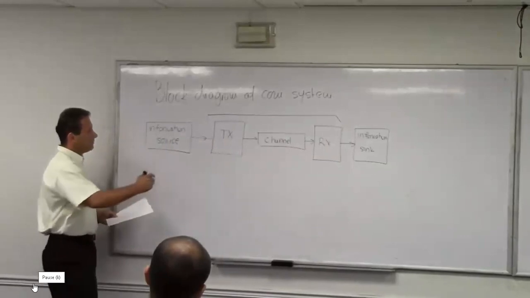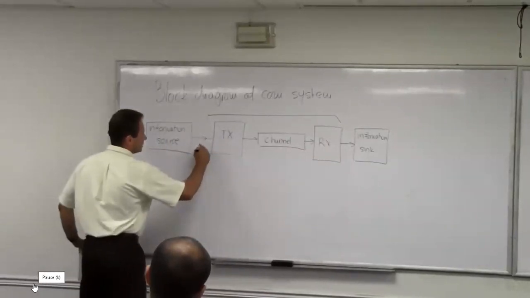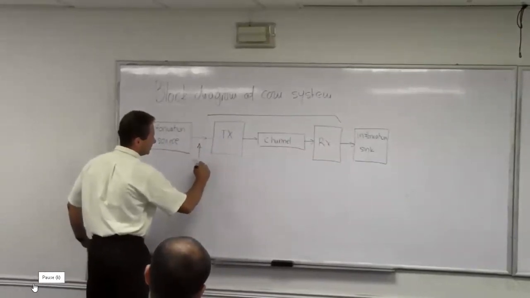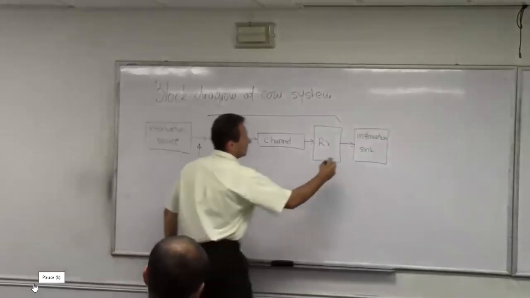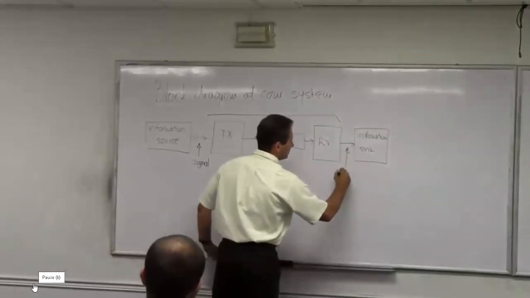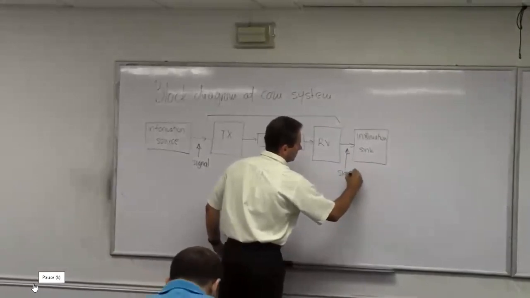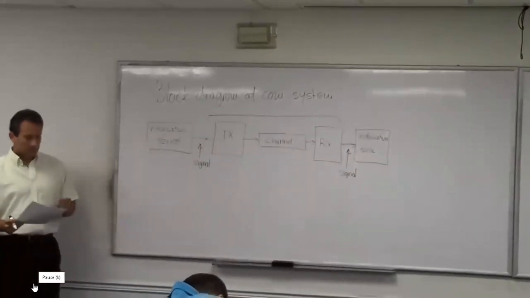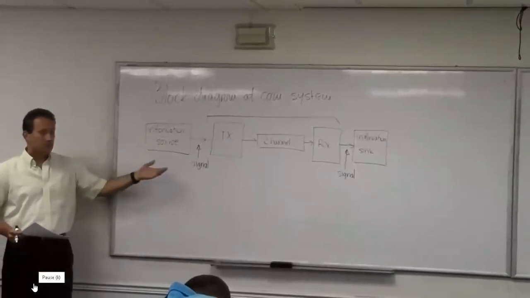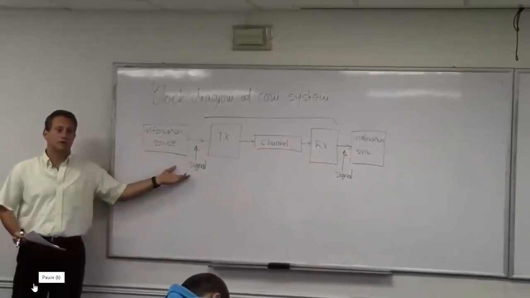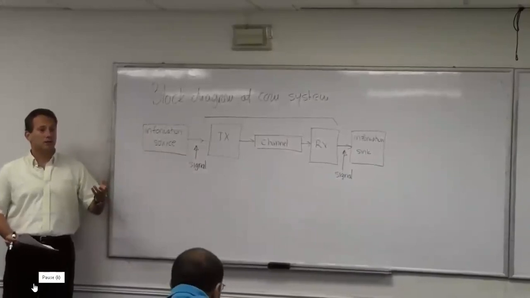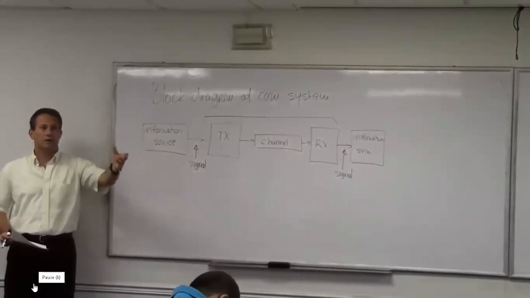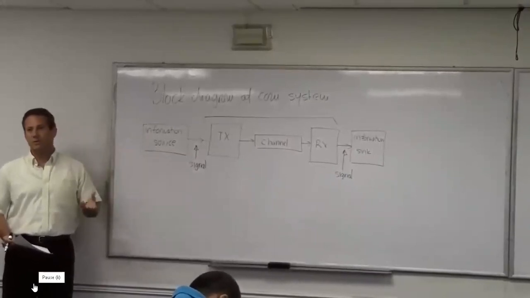So I'm going to say here, there's a signal at this point, and there's a signal at the output. Now, how are these signals generated? Well, signals are essentially in our world voltages and currents. The information itself, or what we're trying to send to the other end, does not come as a voltage and a current.